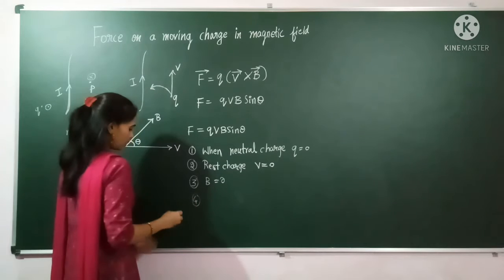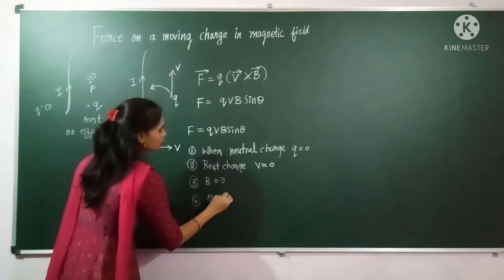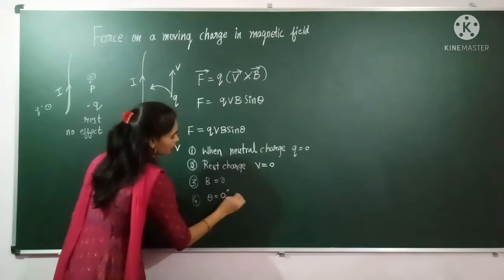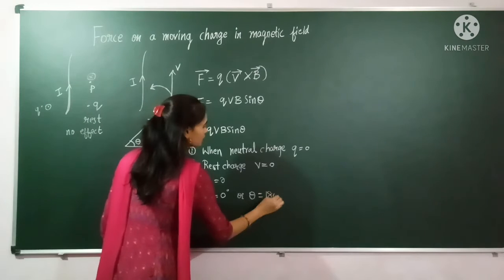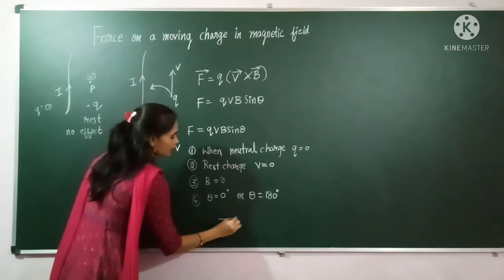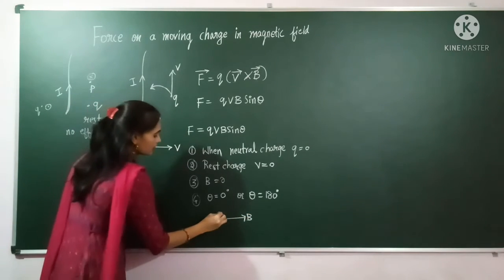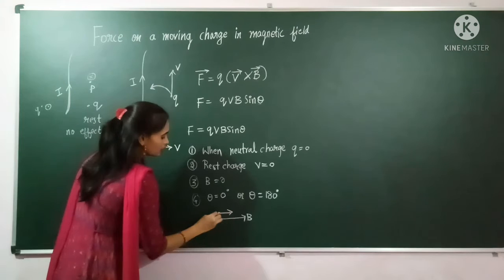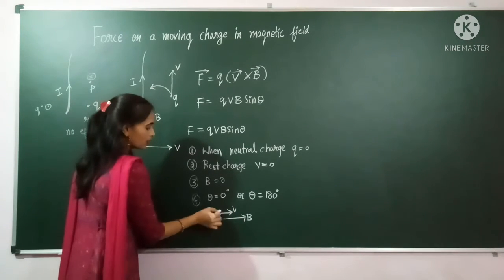And next, fourth case, theta is equal to 0 degree or theta is equal to 180 degree. What is the meaning of this? If this is the direction of the magnetic field and this is the direction of the charge, both are moving in the same direction.